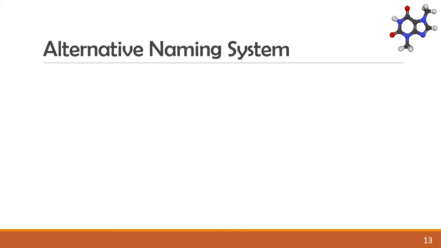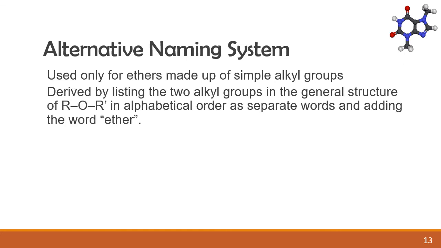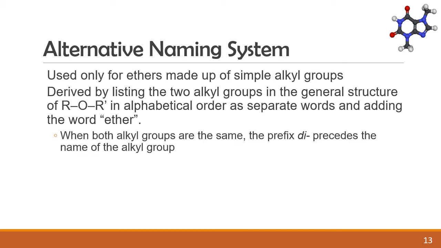Ethers have an alternative naming system that is often used for those with simple alkyl groups. This naming system combines the name of the alkyl on the left and right of the oxygen atom, then adding the word ether to arrive at the full name. When both alkyl groups are the same, the prefix di precedes the name of the alkyl group.